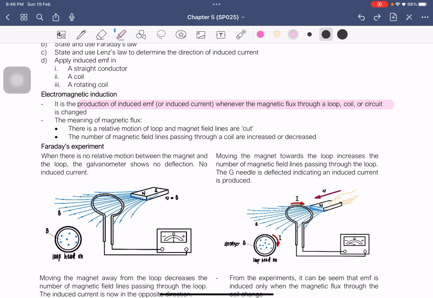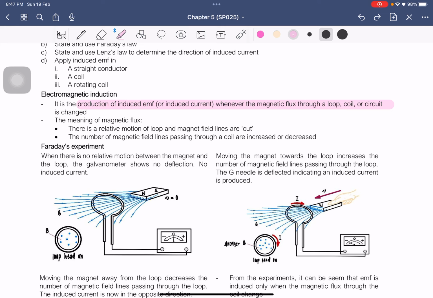I don't really understand why I wrote it as the meaning of magnetic flux. Sorry everybody, let me just refer back to the slides. Let me just check. Oh, sorry. It is the meaning of changing in magnetic flux. Oh, okay.